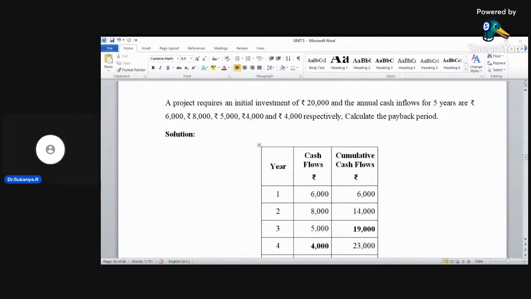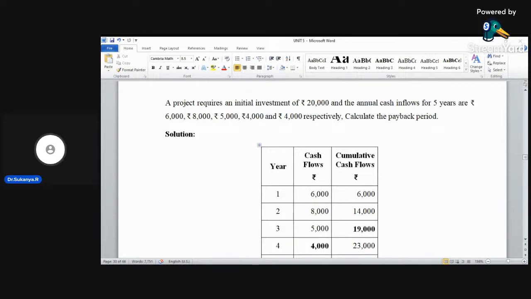Under such a circumstance, the first step is you have to find out the cumulative cash inflows. What is this cumulative cash inflow? I think in statistics you might have heard of this term cumulative. When you look at this problem, the first year the cash inflow is rupees 6,000, so the cumulative cash inflow in the first year will also be 6,000.